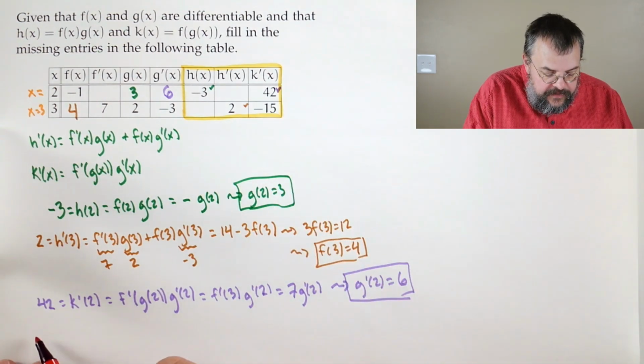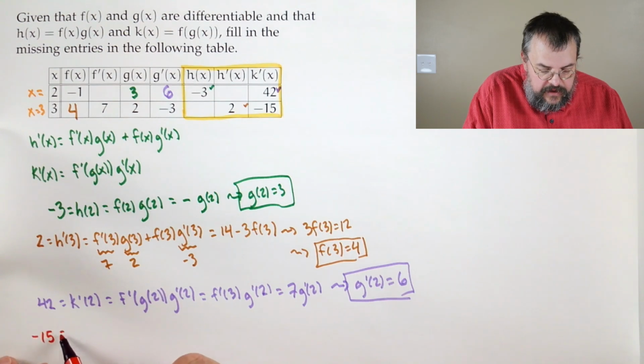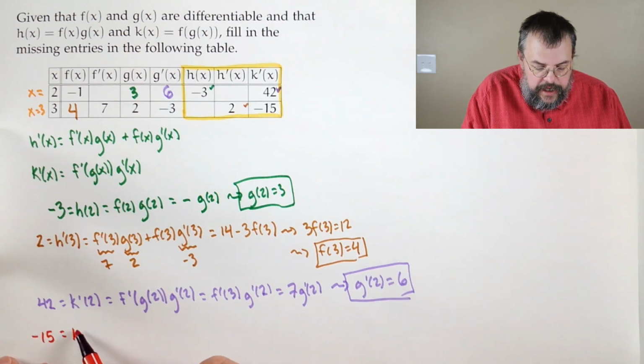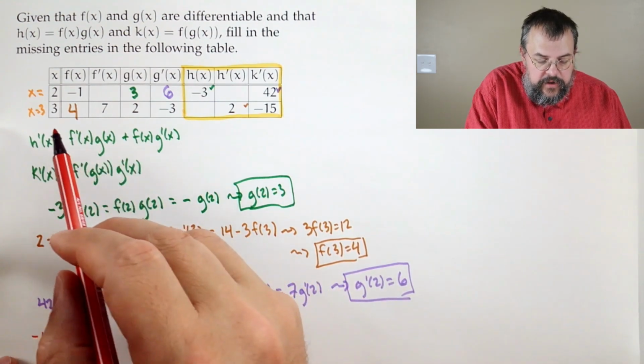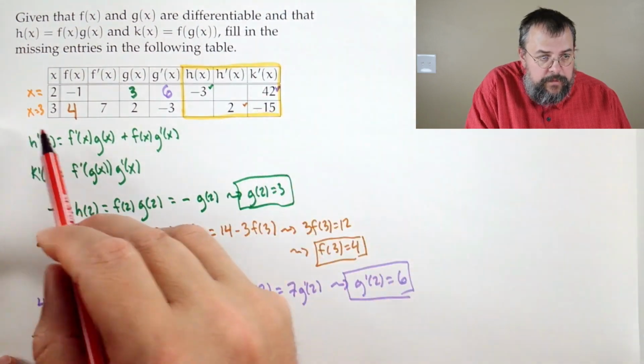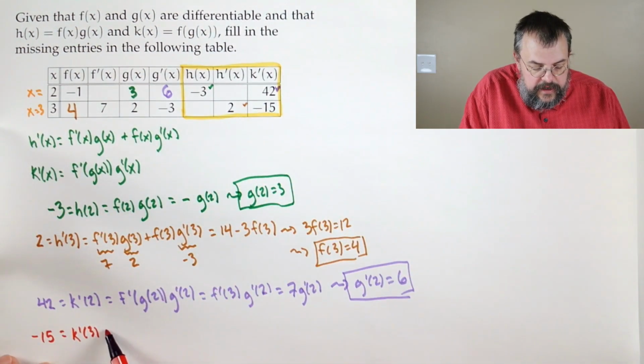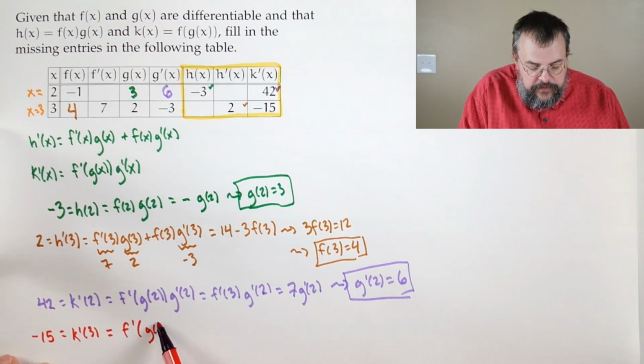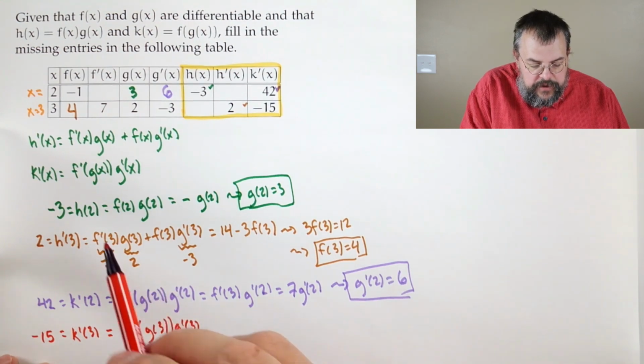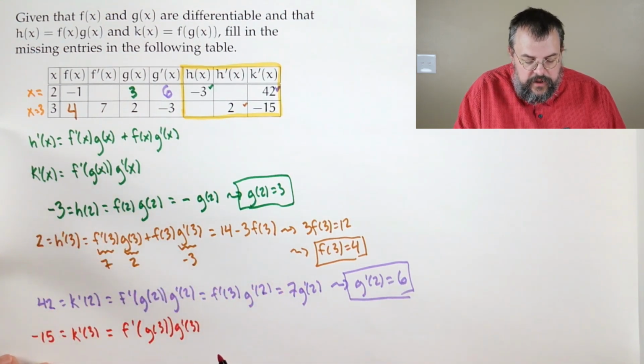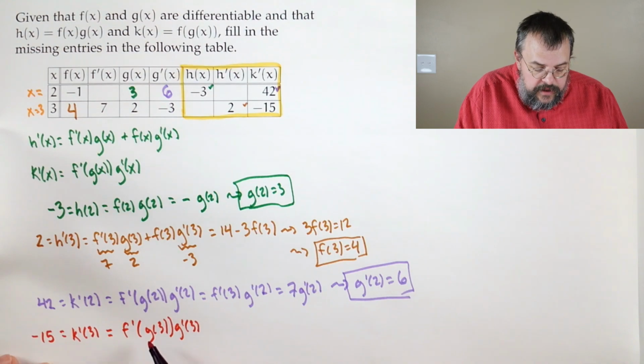So negative 15 is equal to k prime of 3. See, there's negative 15 is k prime of 3. So that is f prime of g of 3 times g prime of 3. Just plugging 3 into our derivative. Now, do we know what g of 3 is? Well, we do.